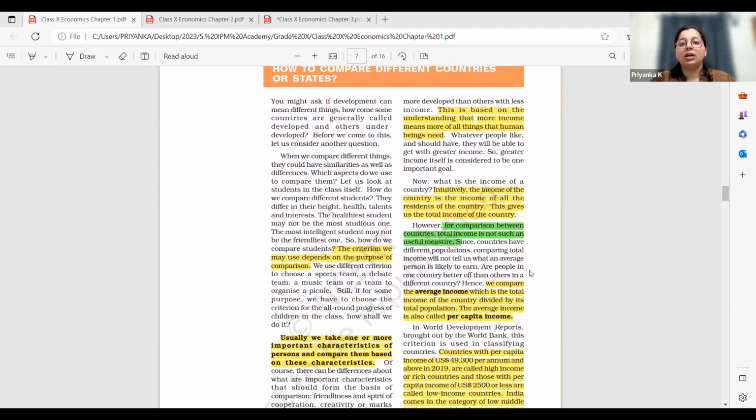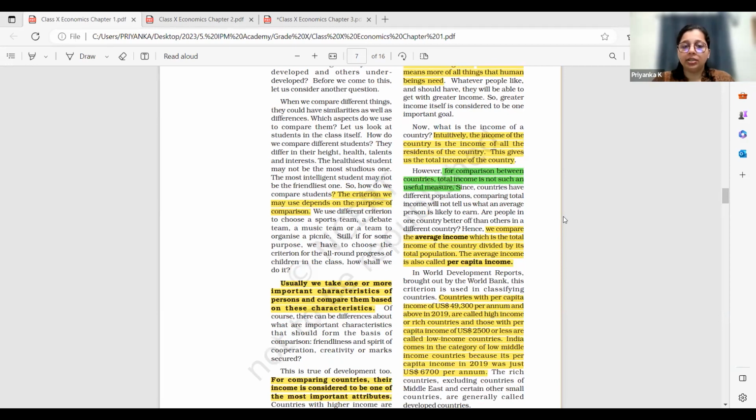Even in this comparison, today's data shows that apart from income, there are other aspects like quality of education, healthcare facilities, etc., provided by a state, which should also be taken into consideration while comparing states as well as countries with each other. So I hope till now what I have said is clear to you.